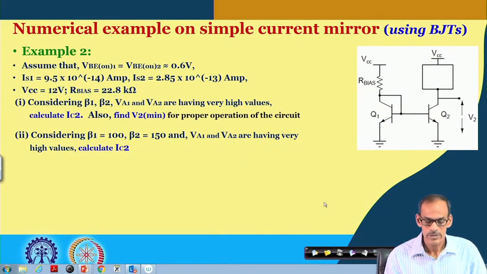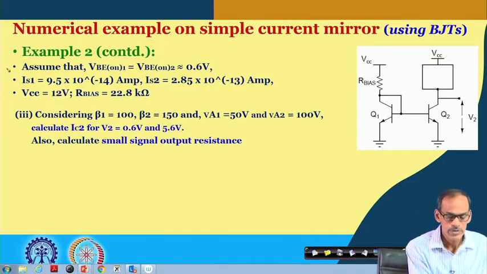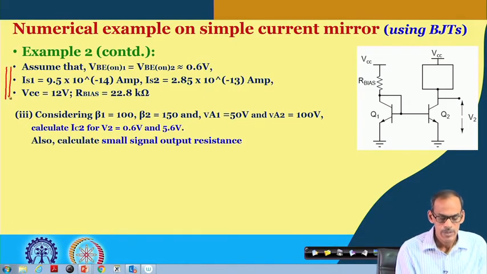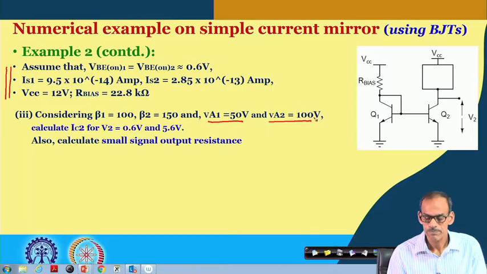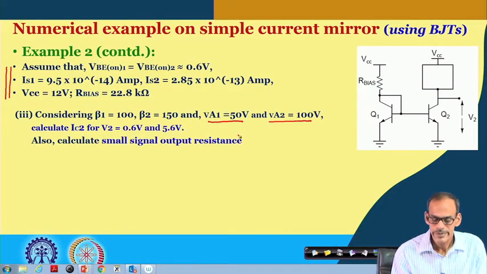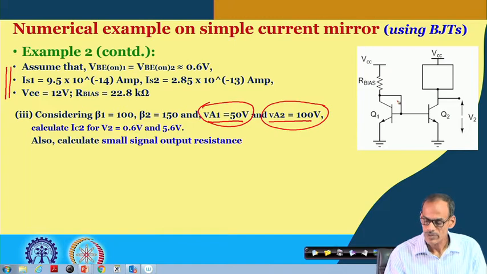In the next slide, it is a continuation of the same numerical problem. As you can see here, we are keeping all the parameters the same, except the early voltage of the 2 transistors, and intentionally we are using different values of early voltage. We already have obtained the effect of beta, right.